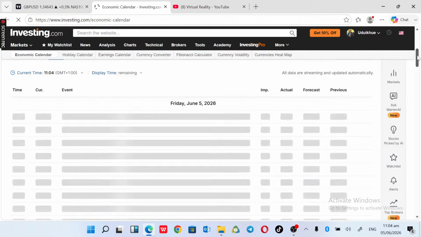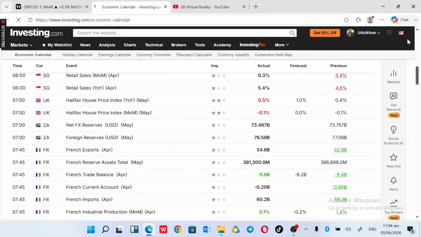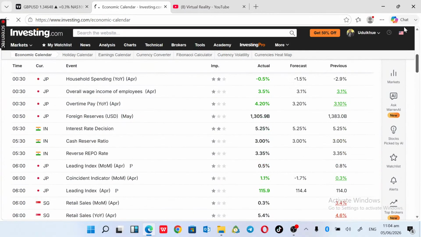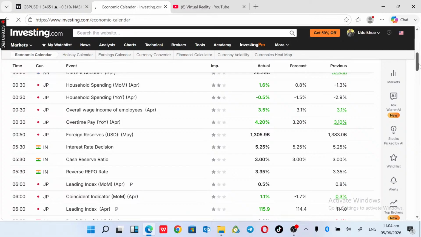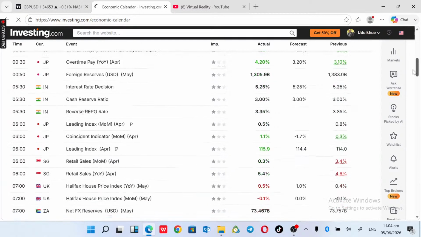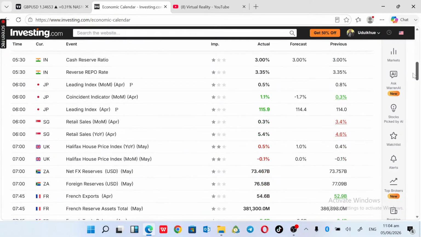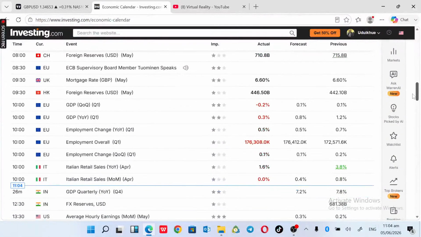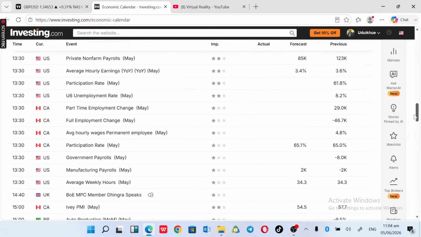Then you move down. Today is Friday. On the economic calendar, we have star 1, which means you are safe, star 2 is a bit volatile, star 3 is the worst, which shows in Forex Factory as red. And let's check 1:30. What 1:30 on Forex Factory was giving us is average hourly earnings, still showing us star 1.